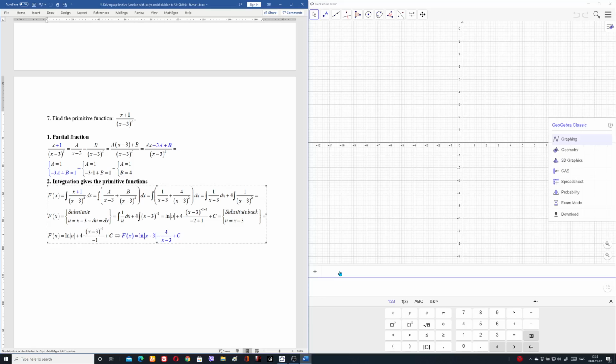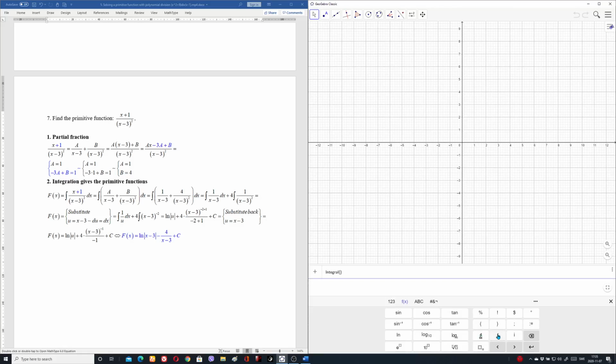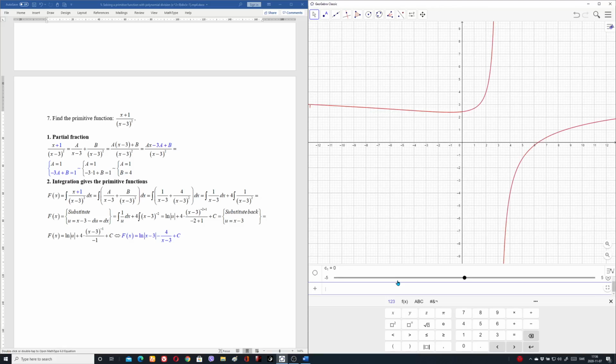Okay, so now here I will write, first I hit f at x, I find the integral, and I will write x plus 1. It's 1, but divided by x minus 3 and the power 2, and just enter.